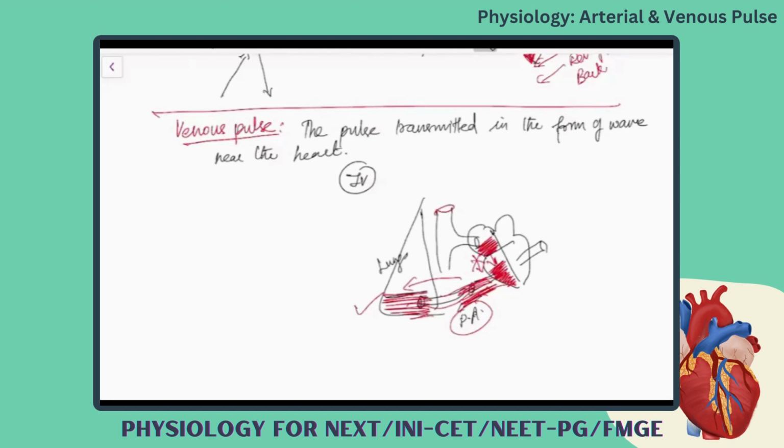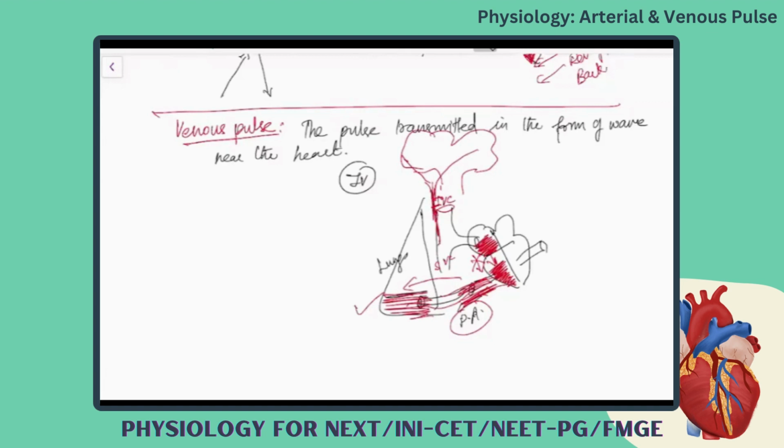Followed by this, the inferior vena cava and superior vena cava, and the external jugular vein, internal jugular vein, and common jugular vein, all these are getting drained into the vena cava.